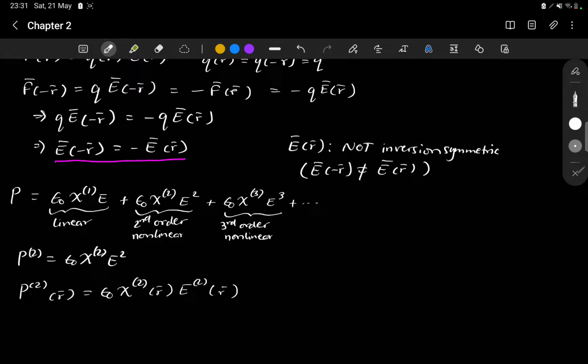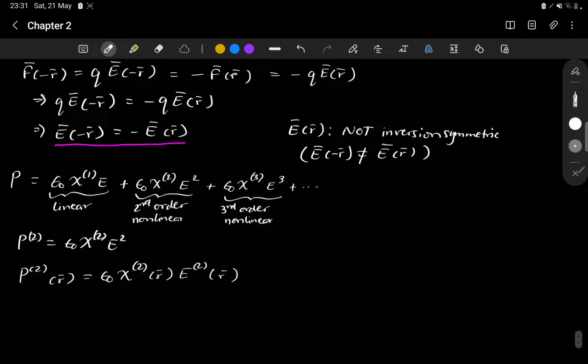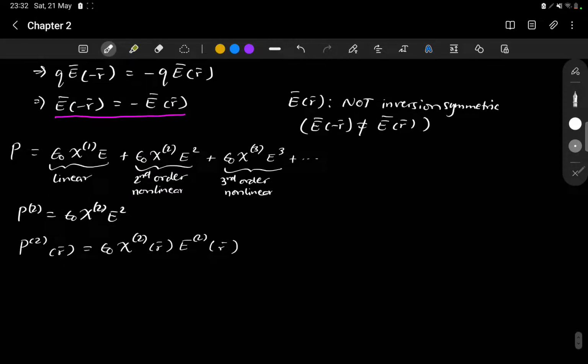So this is the nonlinear contribution to the polarization. Now we need to look at its value at minus R. So P2 at minus R is going to be the following.